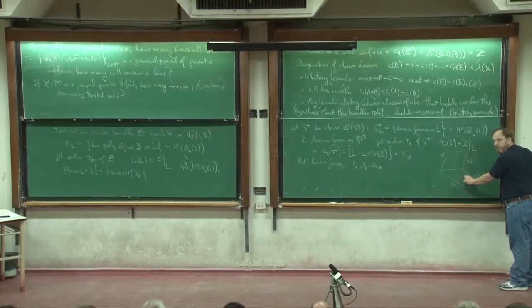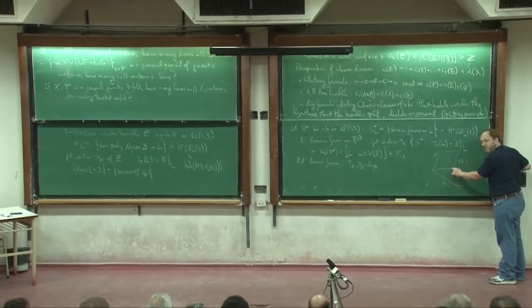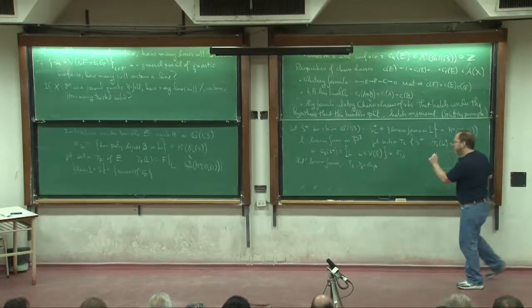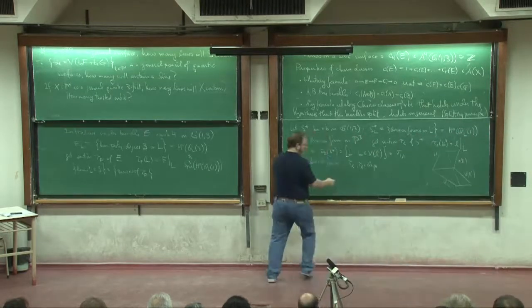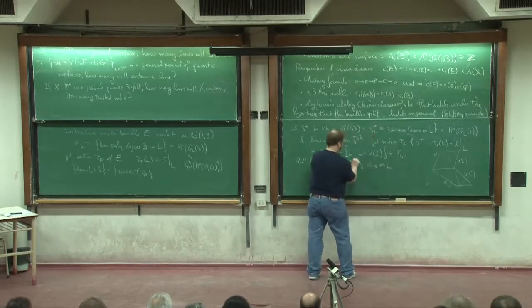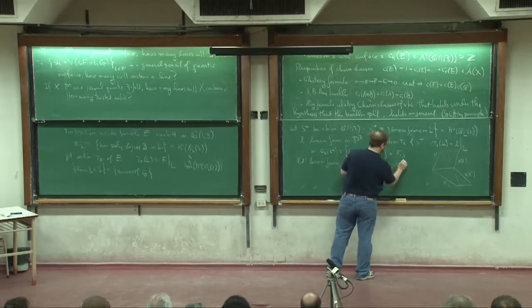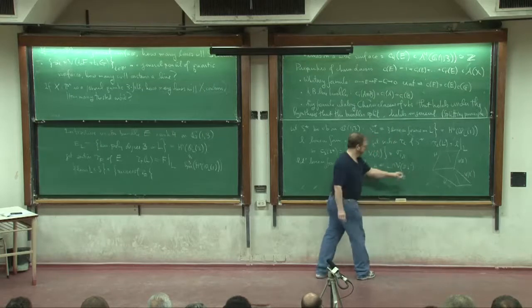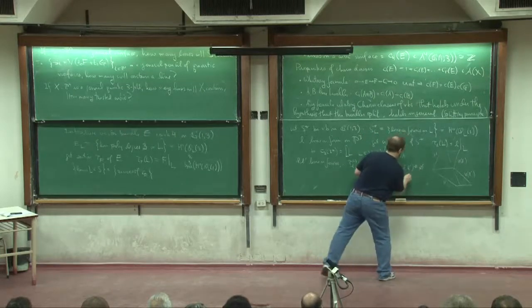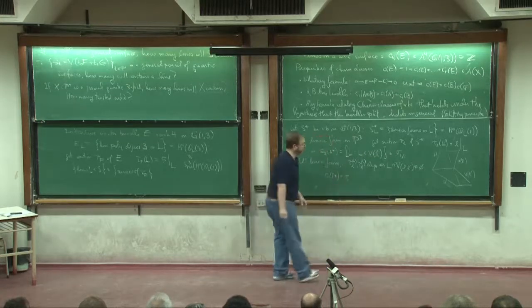When are they the same? When the line meets the common 0 locus. So the point is, tau_l and tau_l prime are dependent at L if and only if L intersects the line which is the common 0 locus of l and l prime. And so in particular, what we see is that c1 of S star, again, that's a Schubert cycle, is sigma_1.